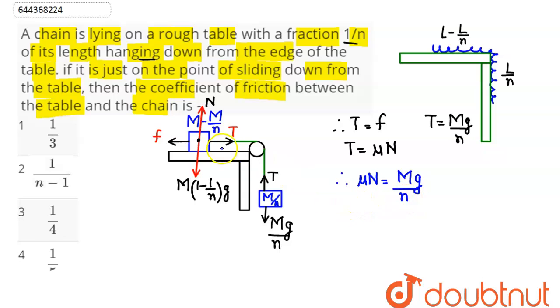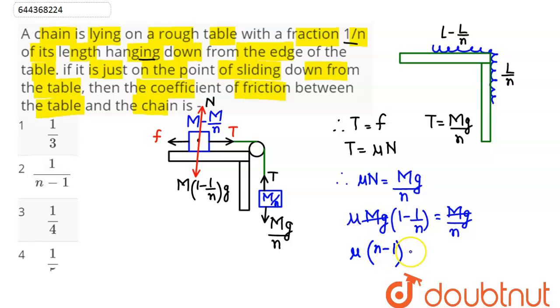Now the normal reaction is given as mg into 1 minus 1 upon n, which is equal to mg into n minus 1 divided by n. Now mg and mg cancel out, so this simplifies as mu into n minus 1 upon n, and we cancel n and n. So this will be equal to 1.